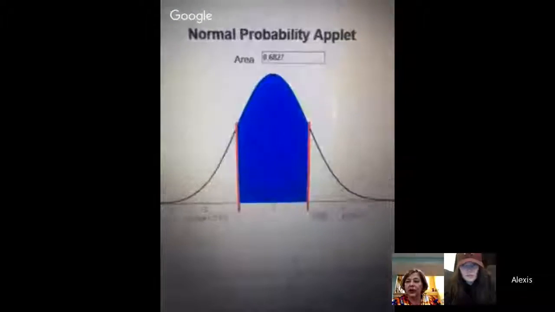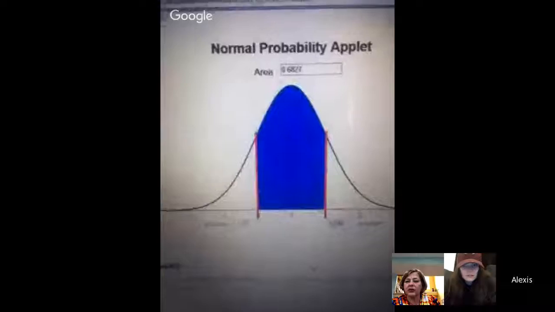Oh, are we supposed to click on that normal probability applet? Yeah, I did, but I can't tell anything from it. The mean is 0. The standard deviation, I know, because this is what I see. Are you on 9 or 10?